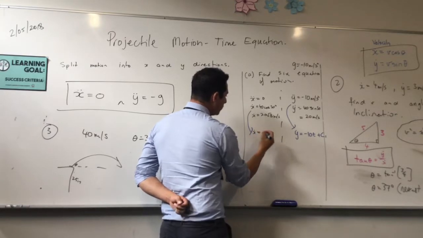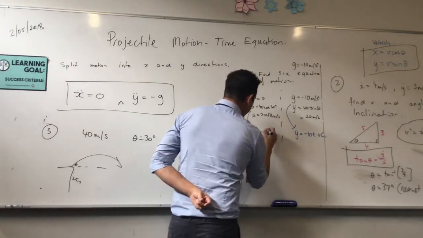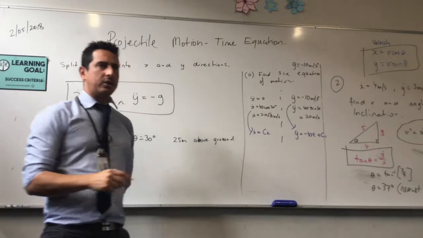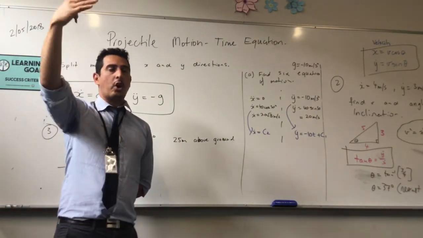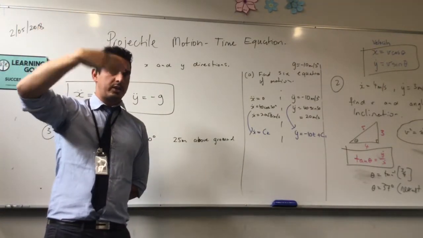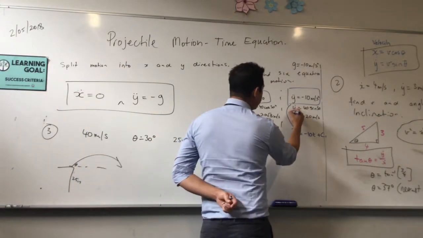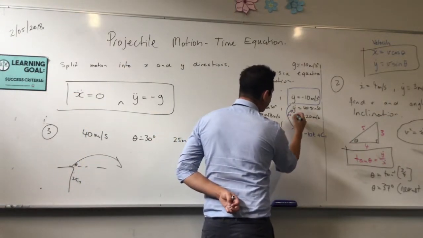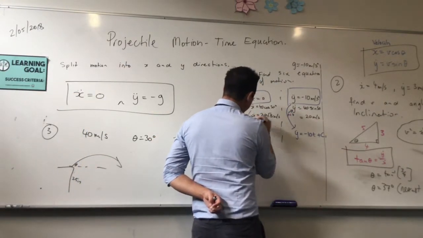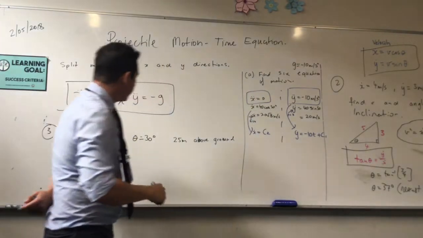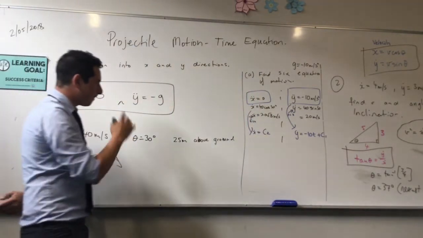Let's do the same with X dot. We're just going to get a constant. This is the initial velocity, so it's at t equals 0. Because this is what's happening initially.